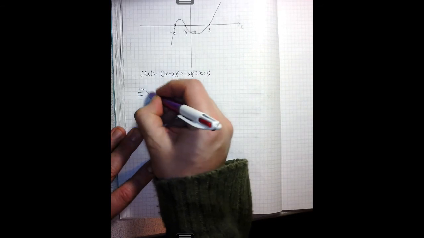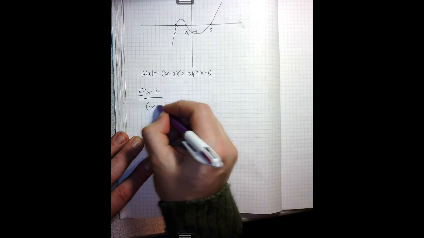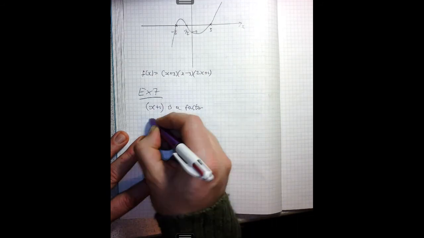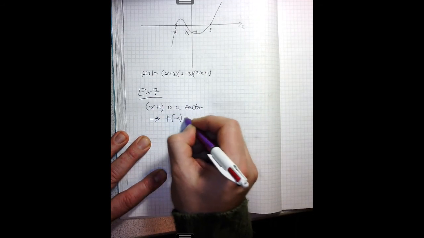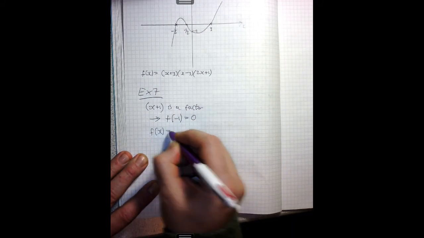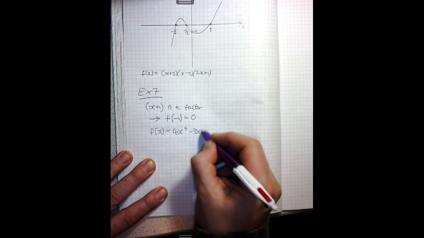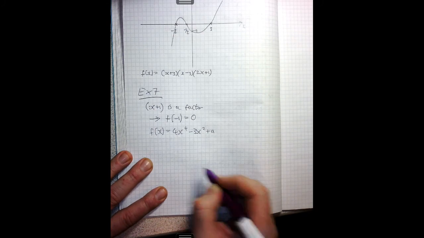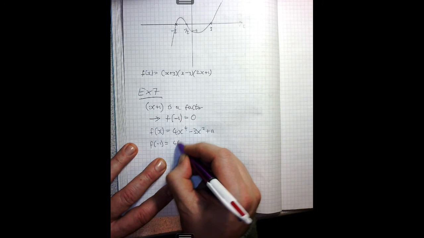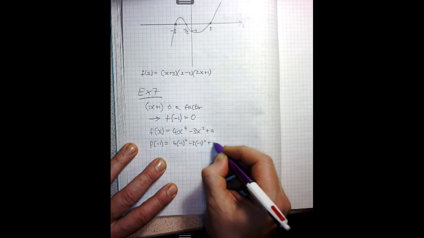Example 7, given that x plus 1 is a factor, if x plus 1 is a factor, that means that f of minus 1 equals 0. So if f of x is 4x to the 4 minus 3x squared add a, f of minus 1 is 4 times minus 1 to the 4 minus 3 times minus 1 squared add a.